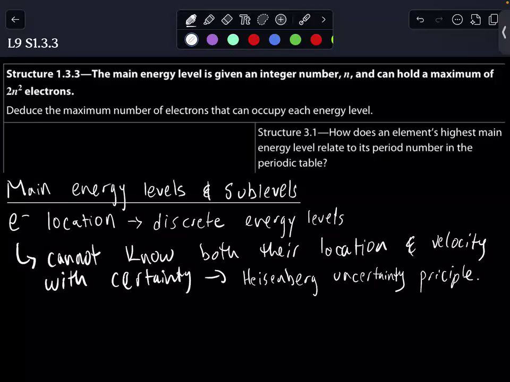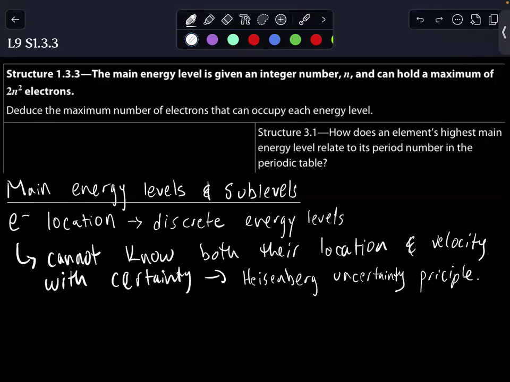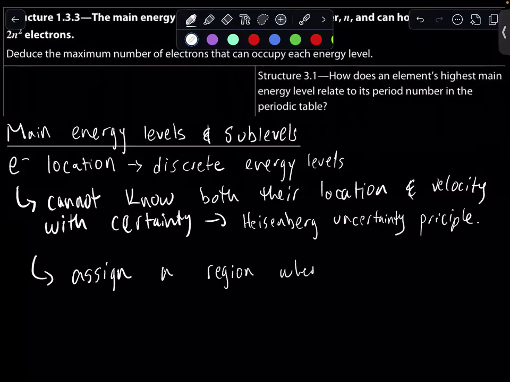So the Heisenberg uncertainty principle says we just can't know where these little electrons are going. We can't know how fast they are and their exact location, but that's okay because we can assign a region where an electron is likely to be.